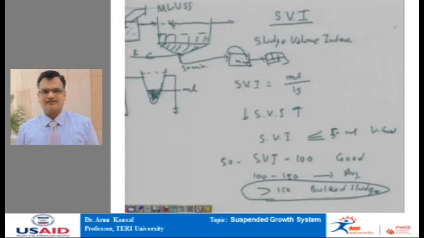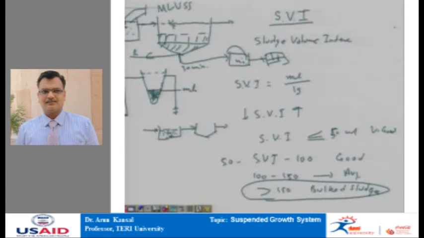Now, the question comes, why is sludge bulking frequent in a suspended growth system? Consider what is happening within the aeration tank and within the secondary clarifier: we are actually demanding two contrasting things from the microorganisms.